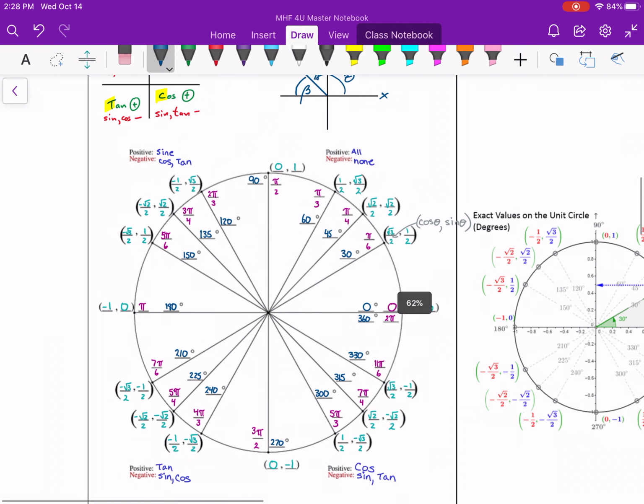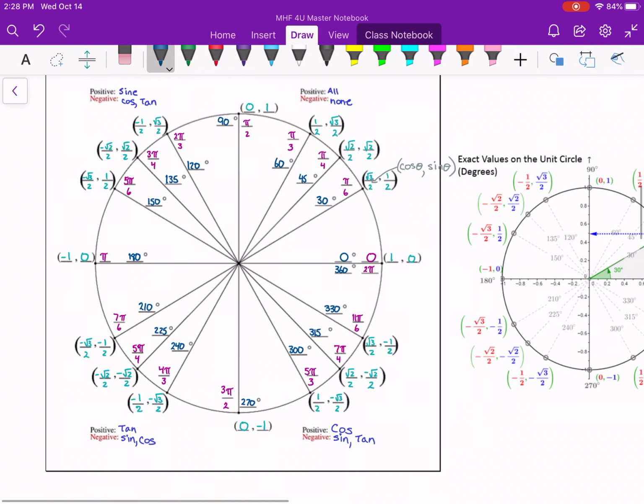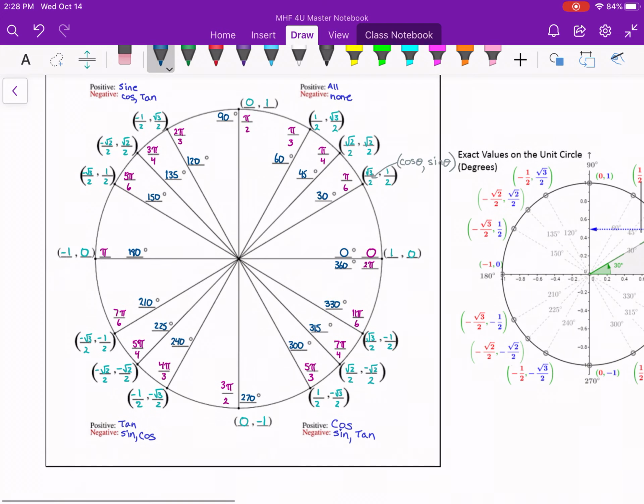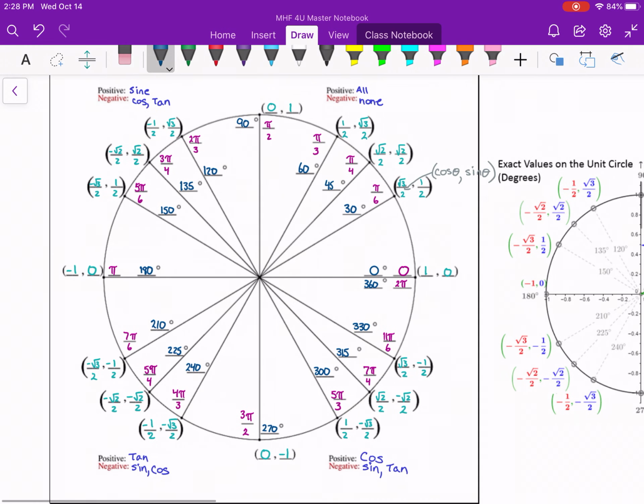Here's a pre-filled in version of the unit circle. It's called a unit circle because we're talking about something that has a radius of 1 unit. For our purposes, I've got angles on there in degrees and radians. The way we'd read this is, again, from the positive x-axis, from here to the first line would be 30 degrees, or pi over 6.